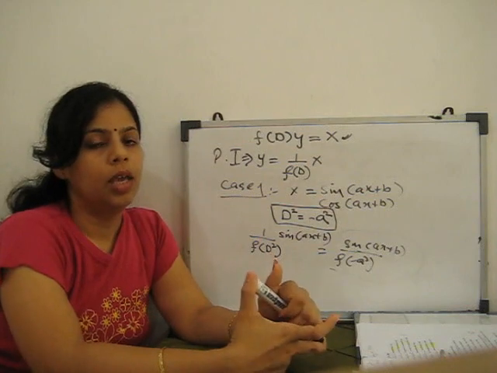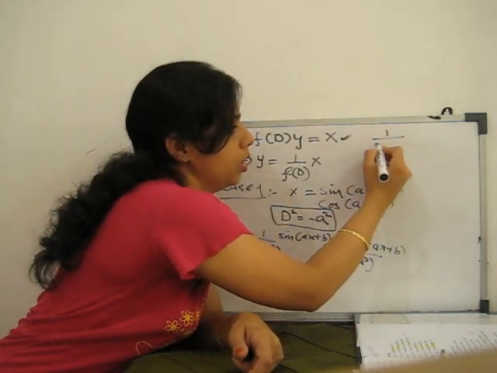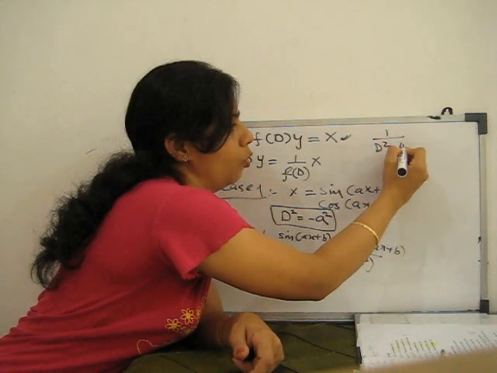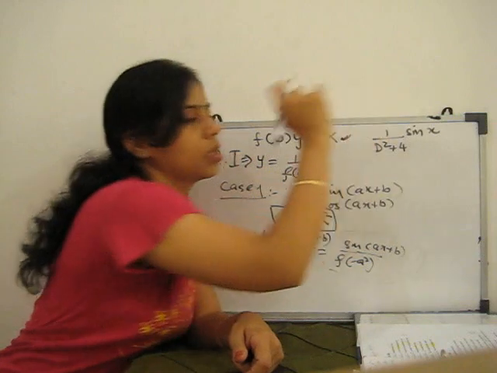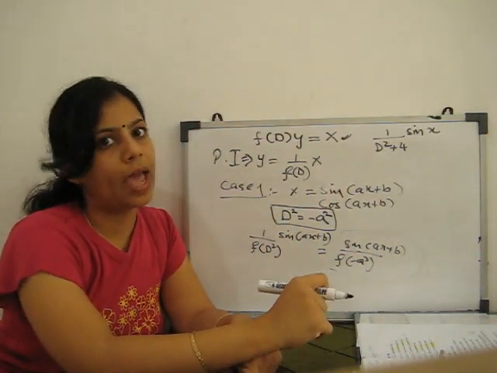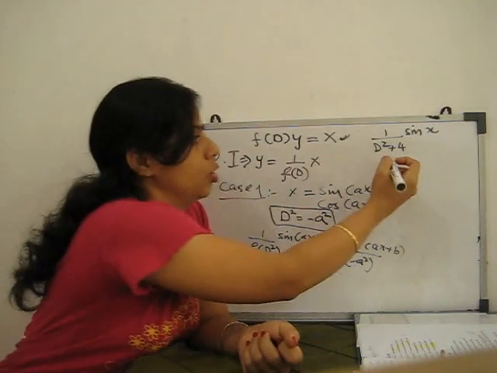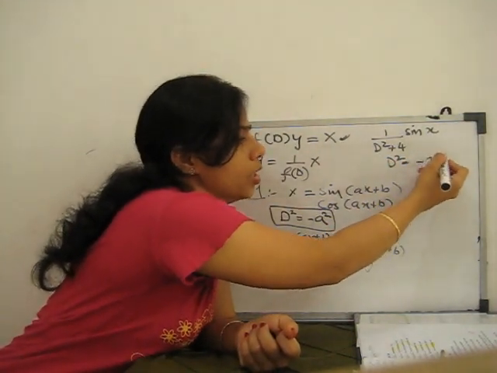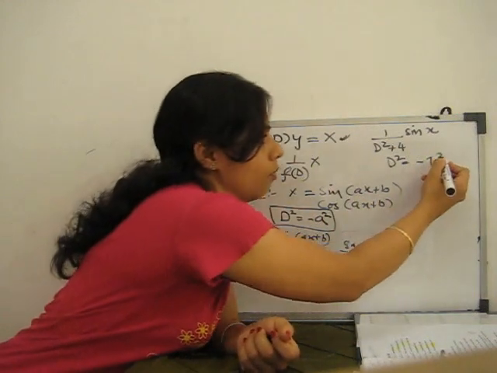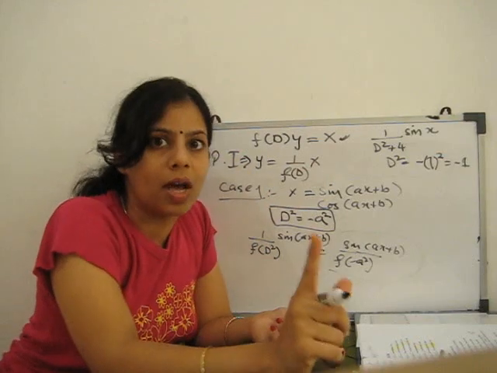For example, if we have 1 upon D square plus 4 times sine of x, just sine of x, it means our a is 1. So D square is replaced with minus of 1 square, which is minus 1, not plus 1.